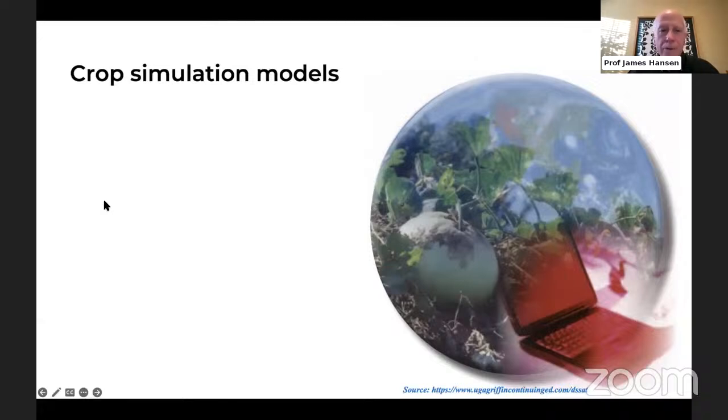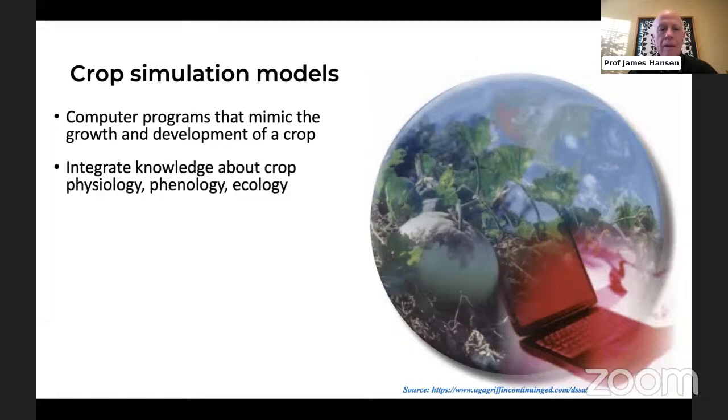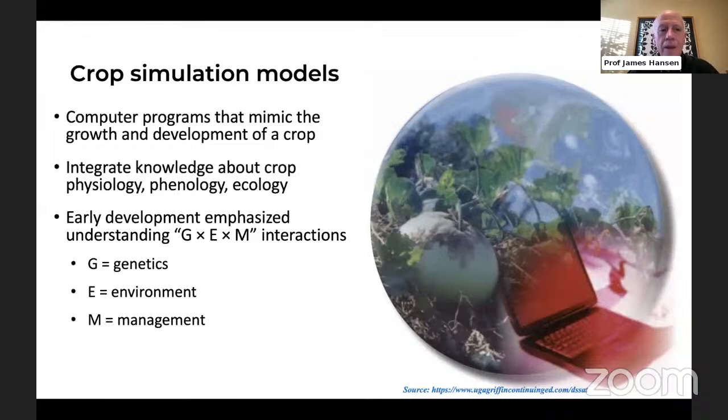Crop simulation models are computer programs that are programmed to mimic the growth and development processes of a crop. When crop simulation models were first developed, starting, I think, in the late 1970s and 1980s, the goal was to integrate different aspects of knowledge about crop physiology, phenology, which means the development, ecology, how the crop interacts with its environment.